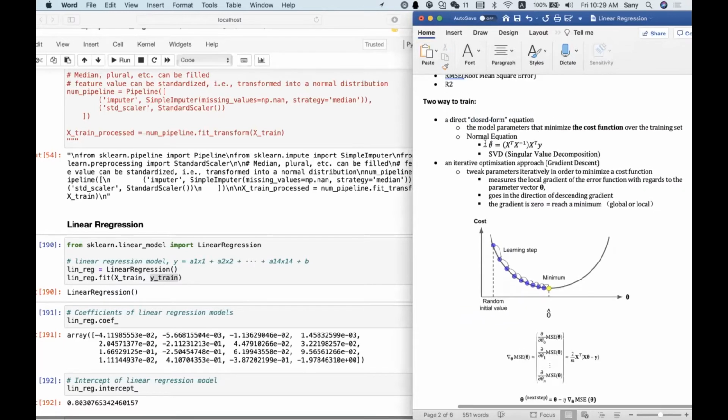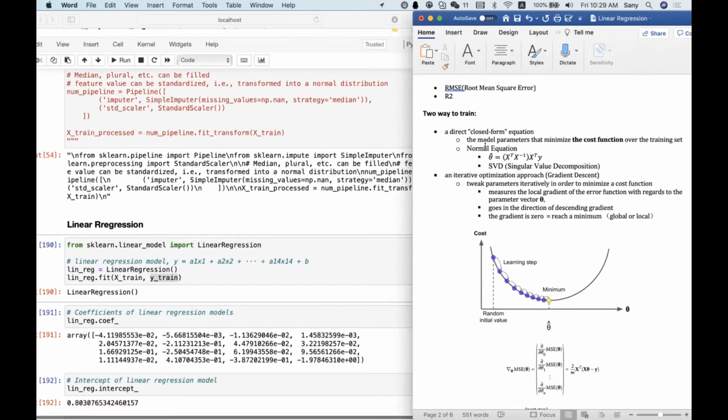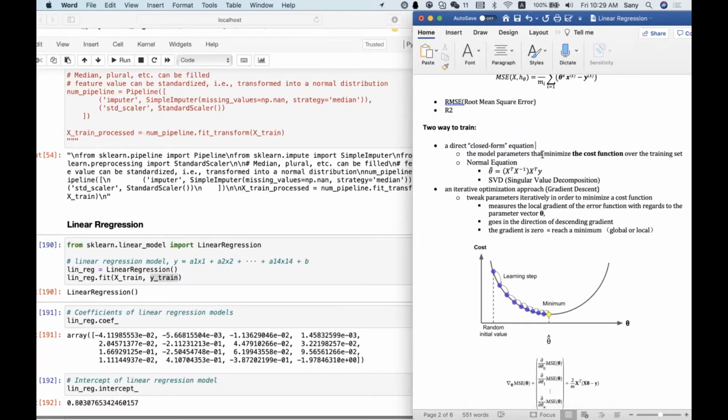And the job is for the parameters to minimize the cost function. And this works for almost every supervised learning algorithm. Even for some unsupervised learning algorithms, it works too.